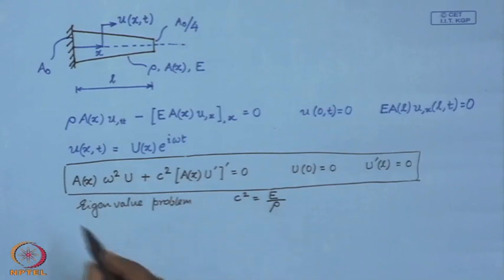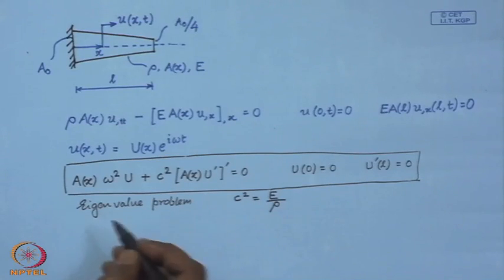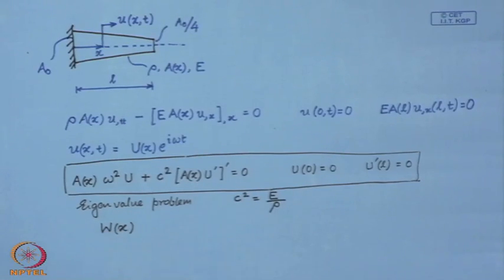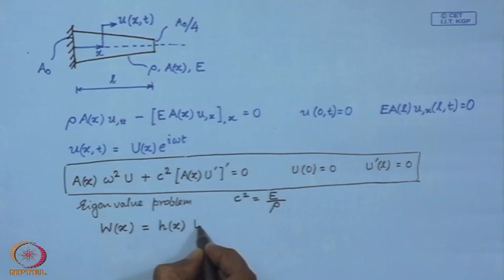So, to find that class, let us make a variable transformation. Let us consider a new variable W(x), which is expressed as some unknown function h of x into our amplitude function u of x.